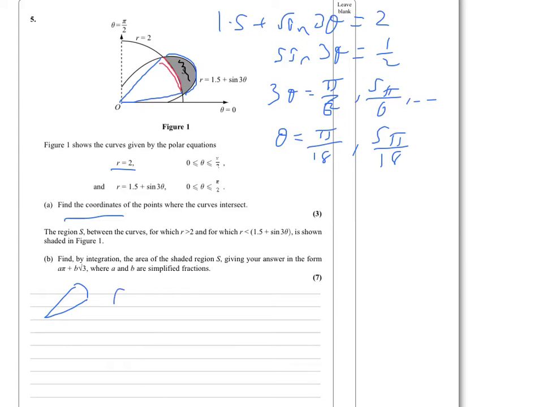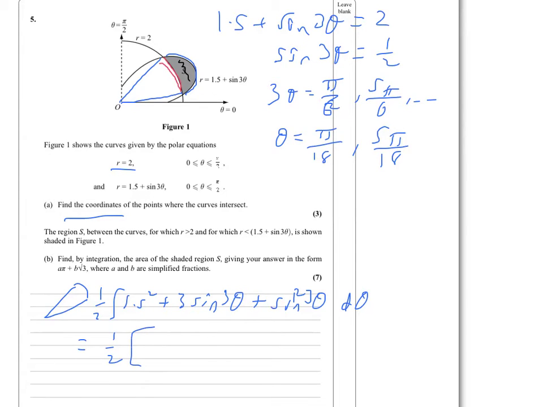It's basically the integral of half r squared d theta, so half of 1.5 plus sine 3 theta, all squared, with respect to theta, and that lot gives us, when we put everything in, a half.